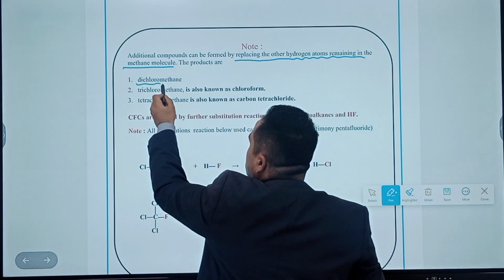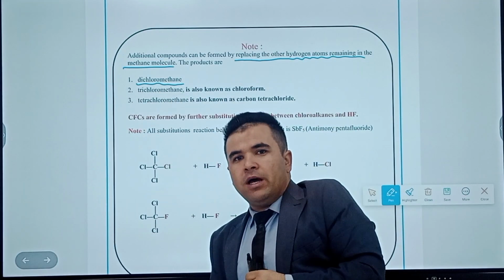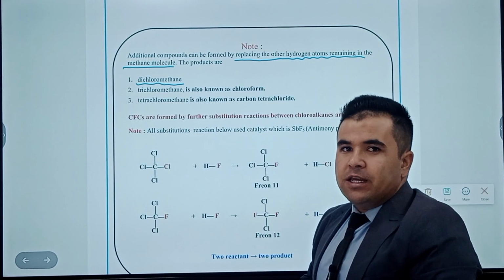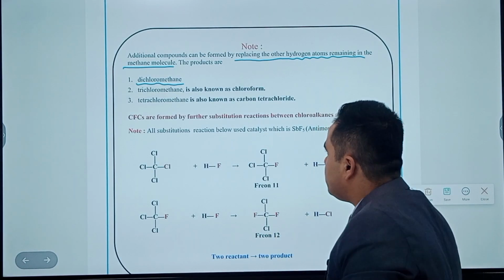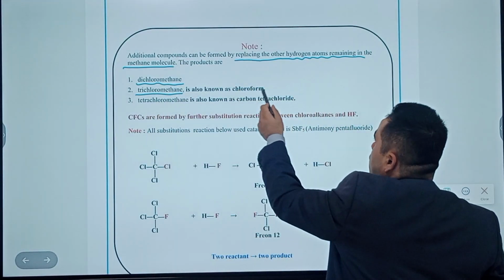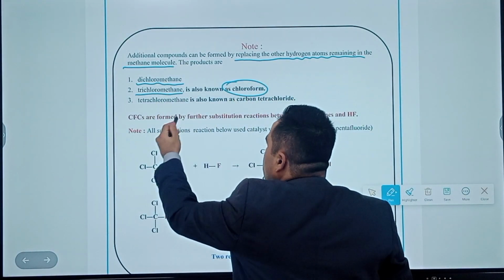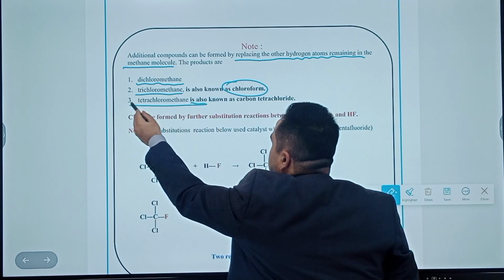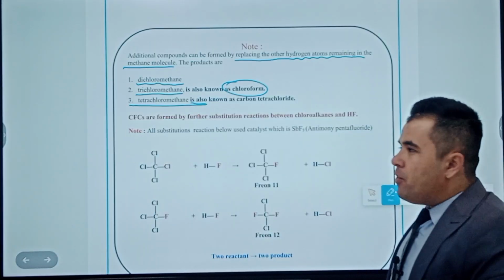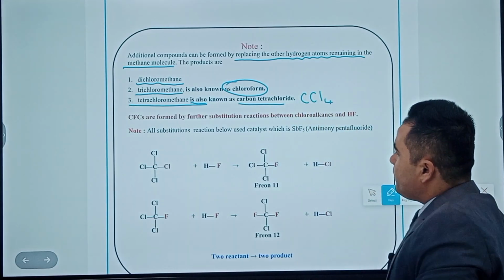For example, if we add one more Cl to CH3Cl, it becomes CH2Cl2, dichloromethane. With more addition, it becomes trichloromethane, which is called chloroform. And if we add more chlorine, replacing more hydrogen, it becomes tetrachloromethane, which is carbon tetrachloride, CCl4.